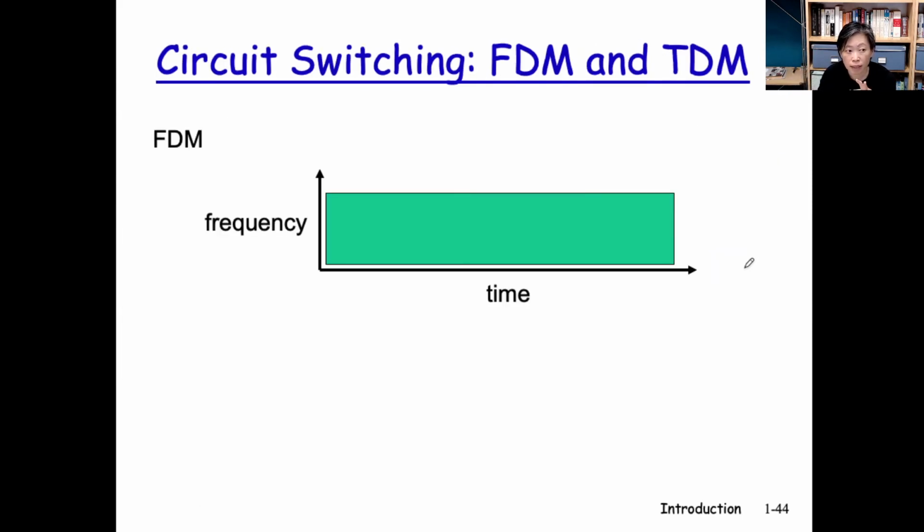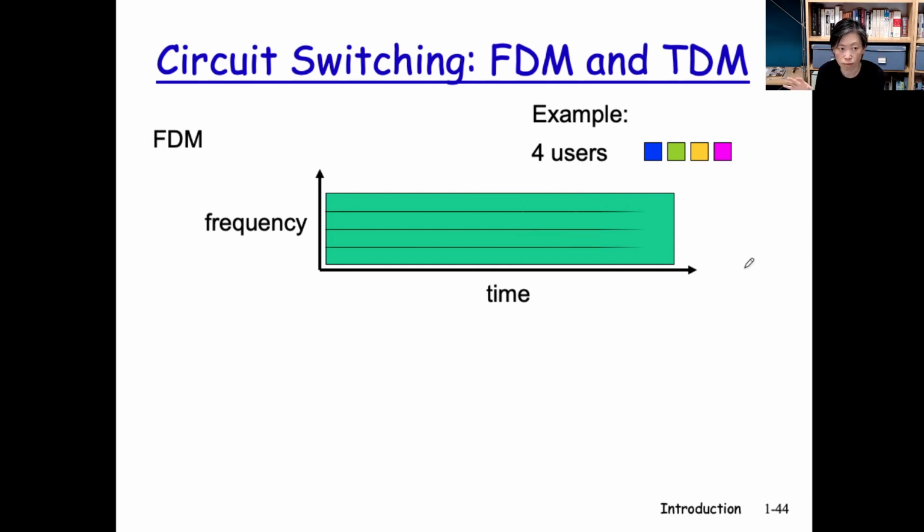The example on the top is doing FDM, where we divide the entire frequency band there to 4 users in equal division. So, full frequency band, 1/4 to the blue user, 1/4 to the green user, to the yellow user, and the pink user. TDM works this way.